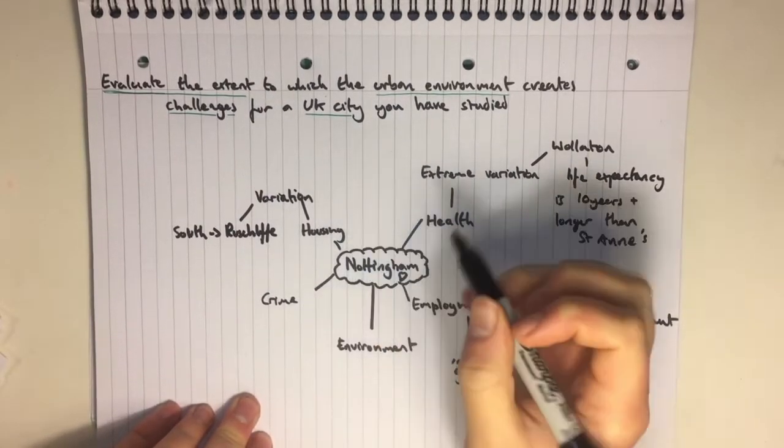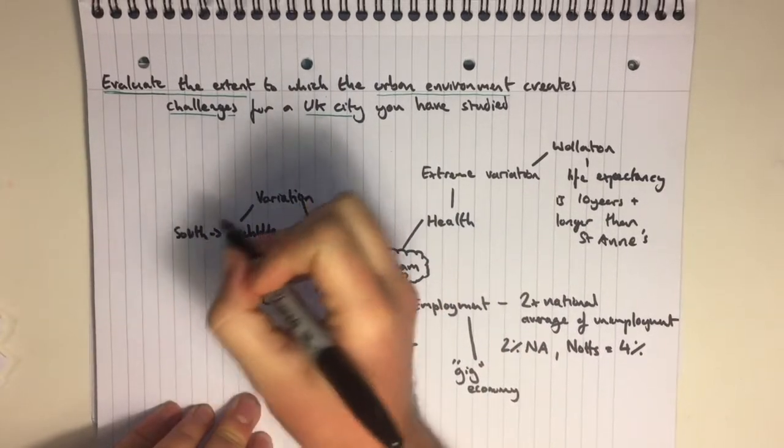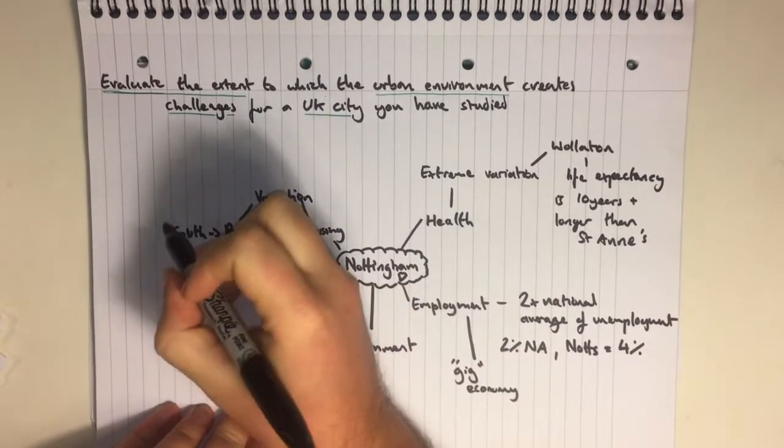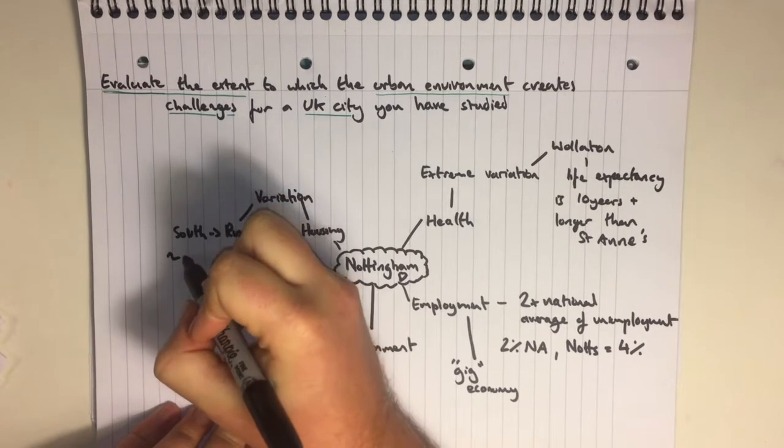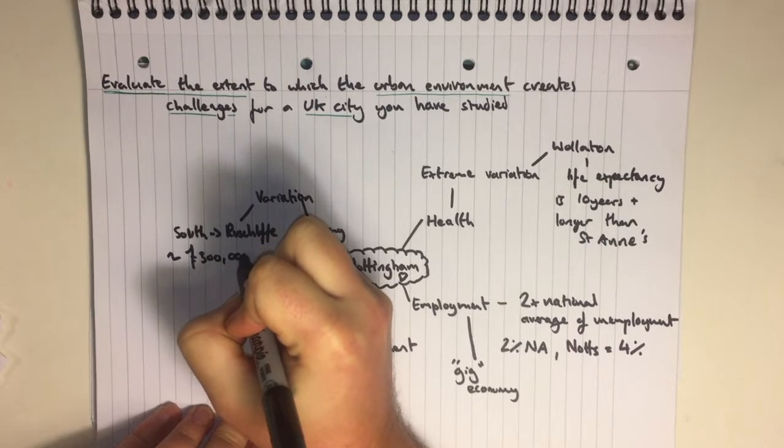It's not uncommon for houses within the Rushcliffe borough to go anywhere from £300,000 to £400,000. So if we put as a rough estimate about £300,000 per house.